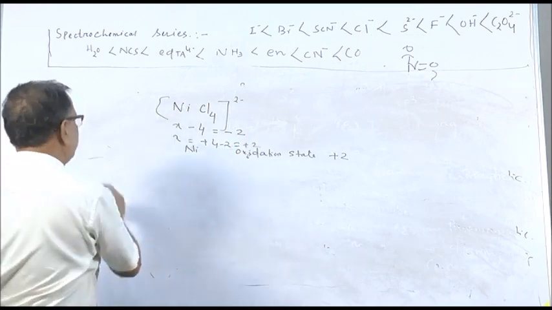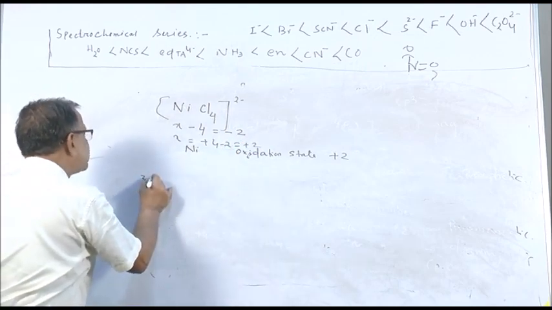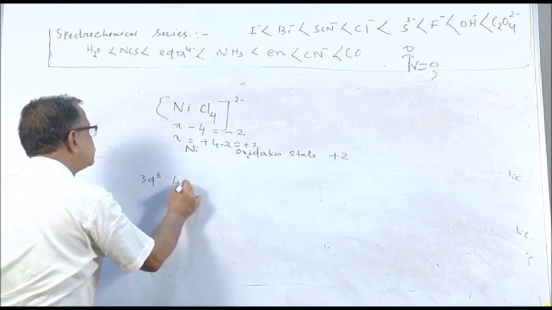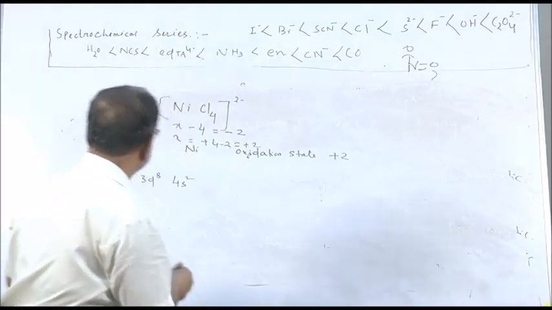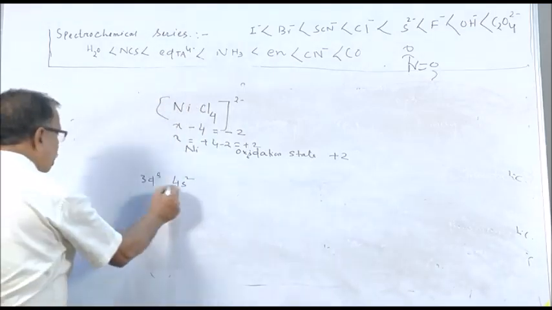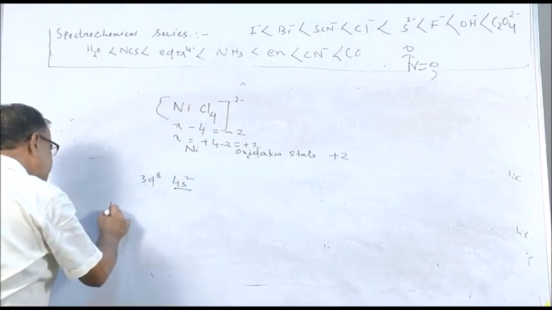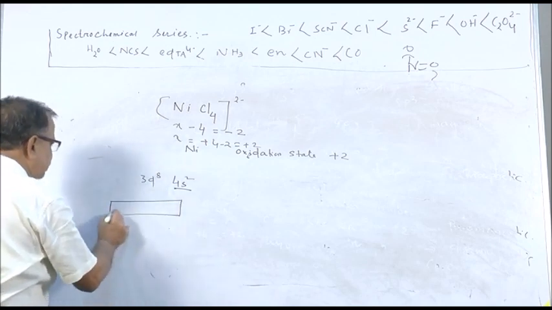So the +2 state means 3d8 4s0. Since nickel remains in the +2 state, there remains 3d8.